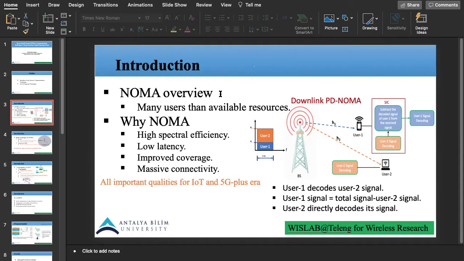So right now we're going to talk about NOMA, non-orthogonal multiple access, which is in the literature, and see how we are improving that in this particular project. Basically, its main idea is many users, more than available resources.